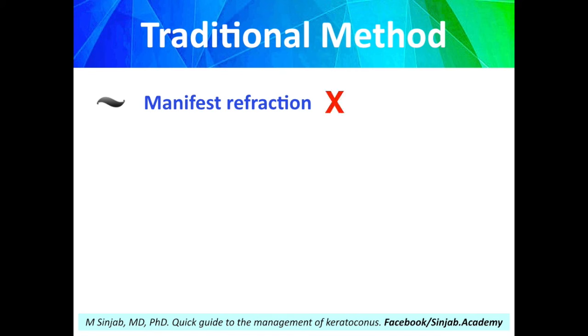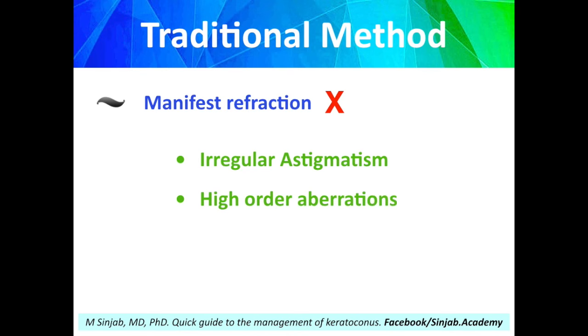So I cannot depend on the manifest refraction in cases where the intracorneal rings are indicated, because in these cases, the patient has high irregular astigmatism and high order aberrations.